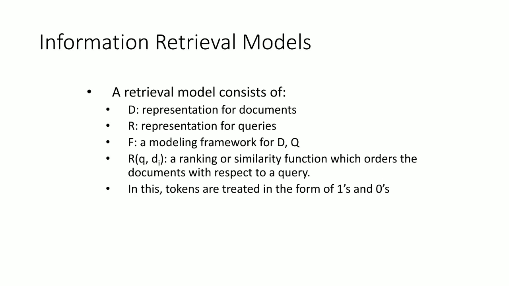So R is the representation of the queries, and Q is the query. R of Q, Di is a ranking or similarity function which orders the documents with respect to a query. In this, tokens are treated in the form of ones and zeros.